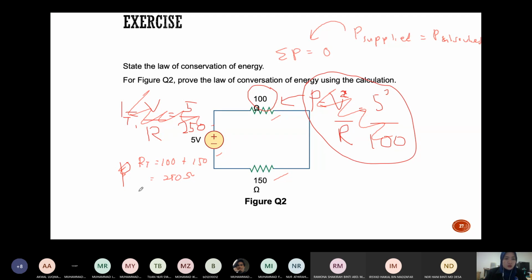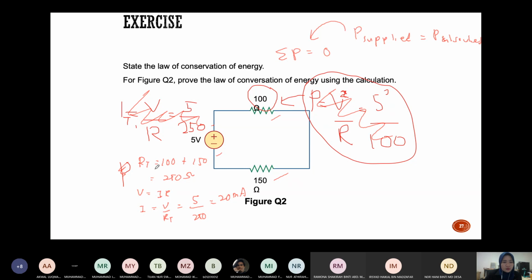Using Ohm's law, V equals IR, you can calculate I. I is V over R. V is 5, R total is 250, so 5 divided by 250 is 20 milliamp.